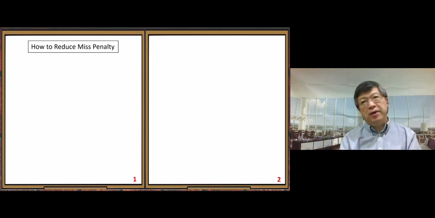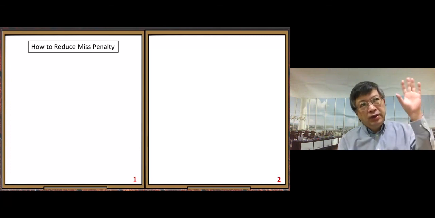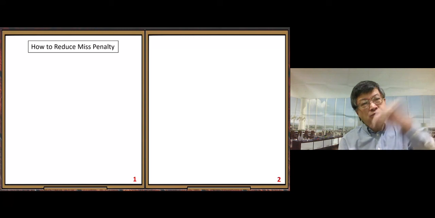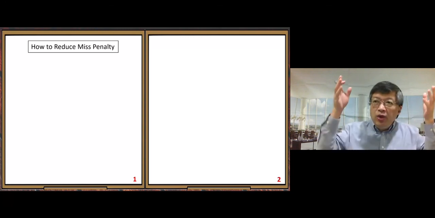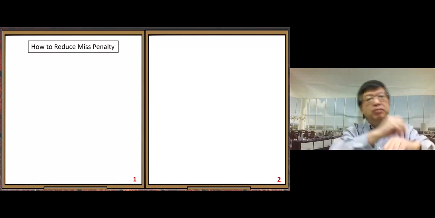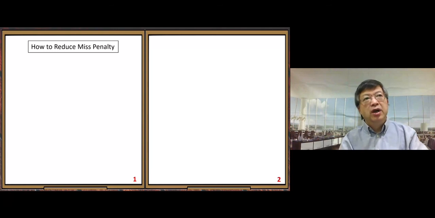That is too big, too large, the cache penalty. So we want to reduce that number. So the question is, is there any way we can reduce it? That's the topic of this part.